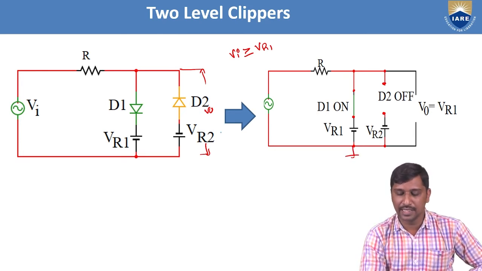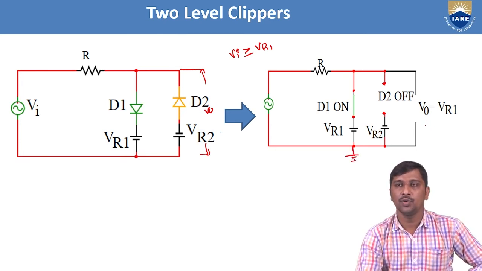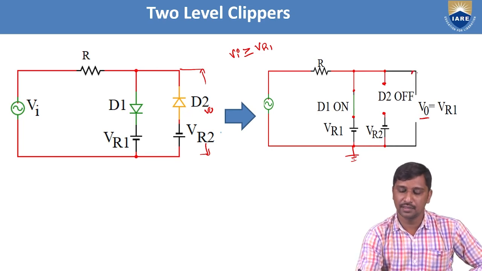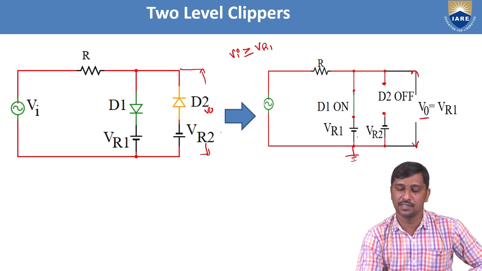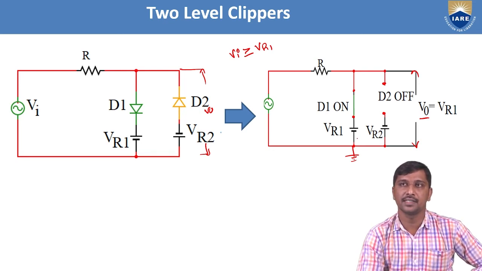From this equivalent circuit, now we need to identify the output voltage. So what is the output voltage? Now we are going to measure this output voltage with respect to parallel nodes. This output voltage is in parallel with another voltage source, VR1. We know that parallel voltages are the same.